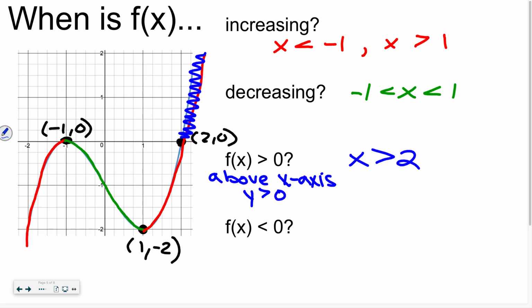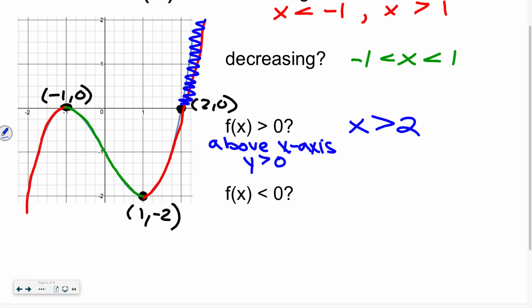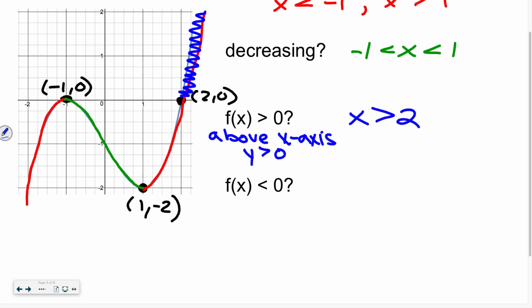And then it looks like my graph is less than 0, f of x is less than 0, in all those other places, right? But what am I going to have to be really careful of? It goes down and then comes back up, and what does it equal right here? 0.